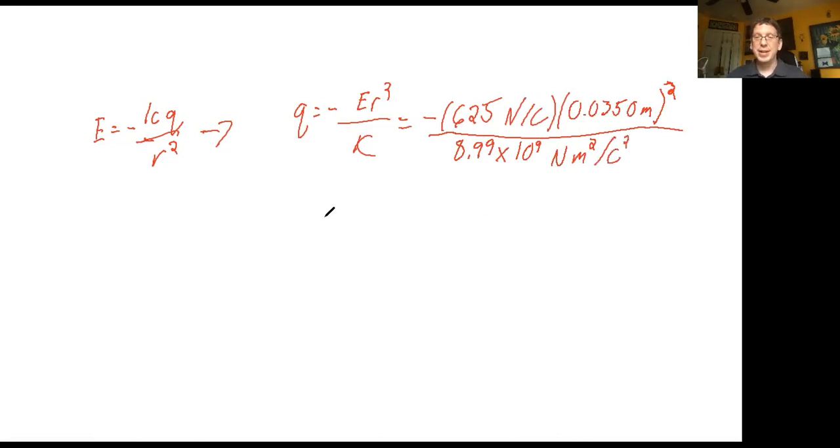And so we'll get a charge in units of coulombs out. And so that becomes negative 8.52 times 10 to the negative 11 coulombs.